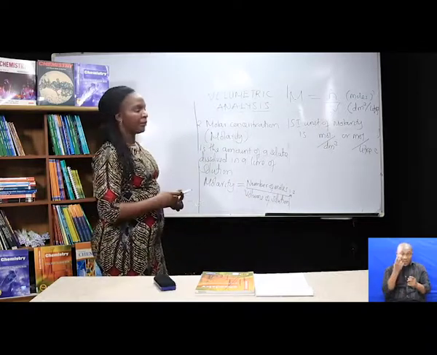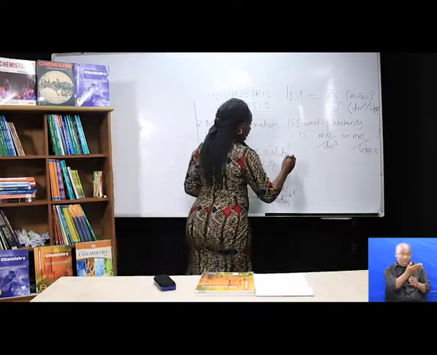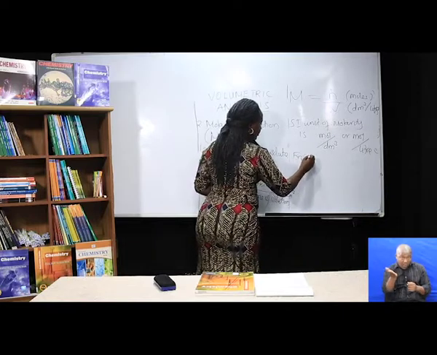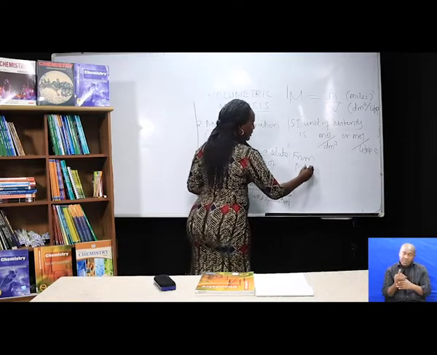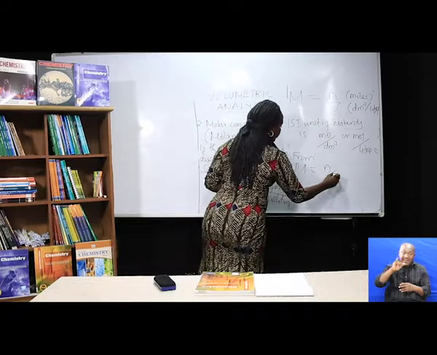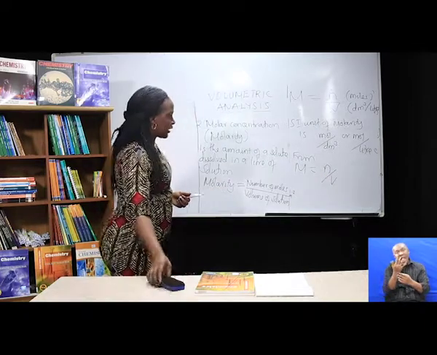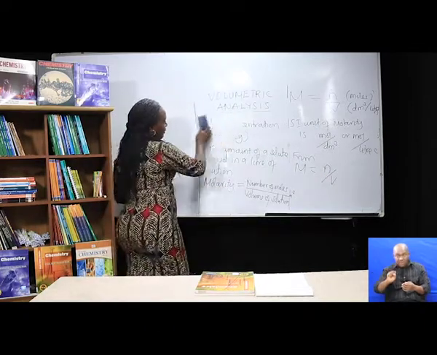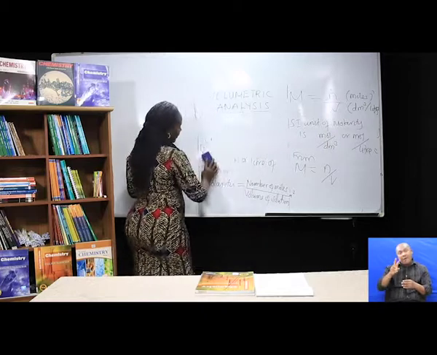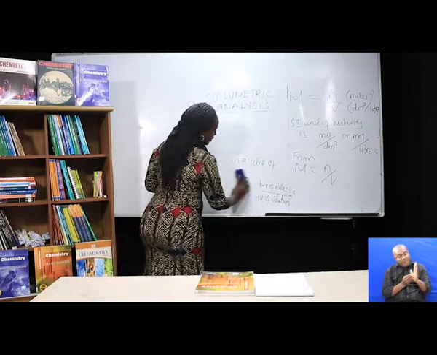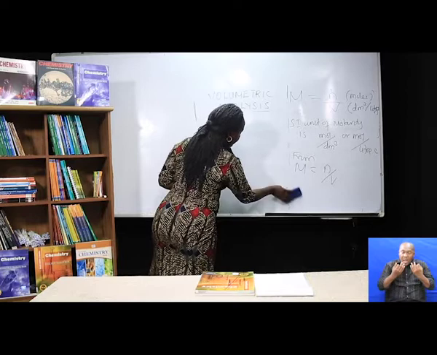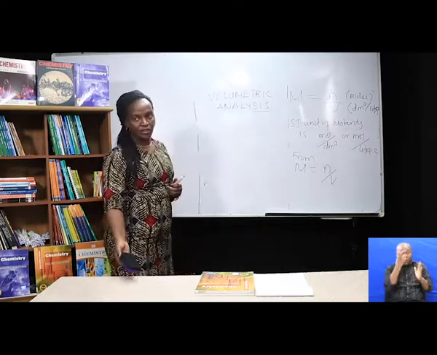We know that molarity is equal to number of moles over volume. But we can define number of moles, refer to mole concept. How do we calculate moles in the mole concept topic?